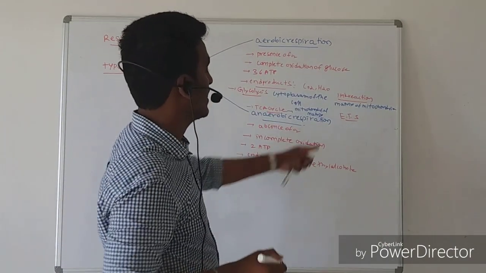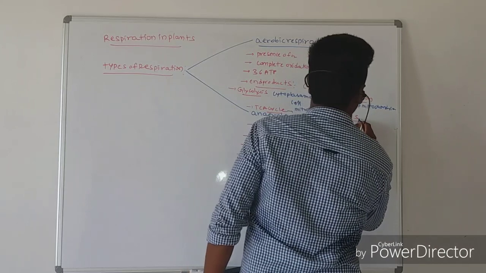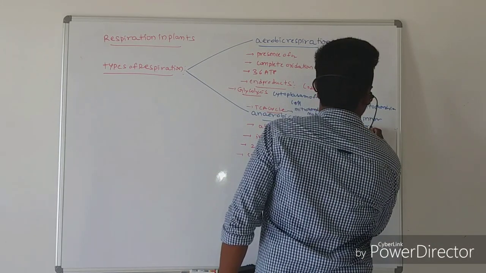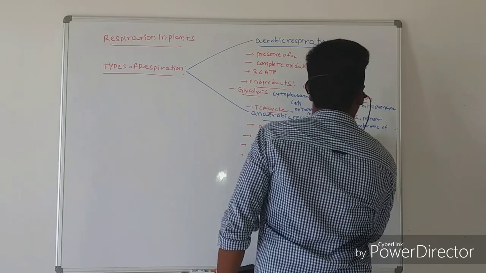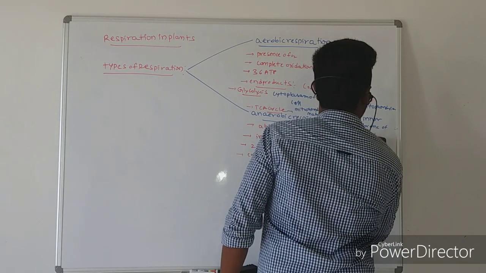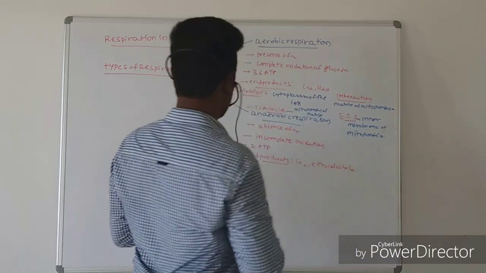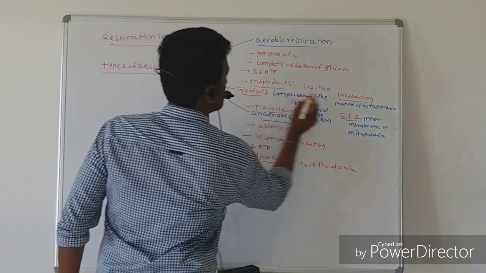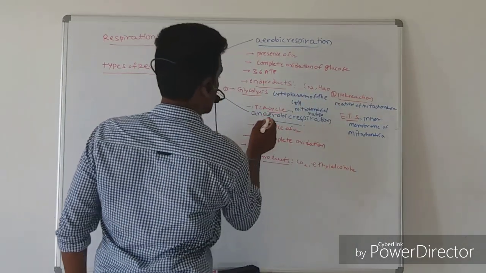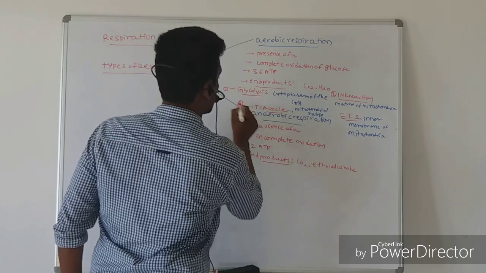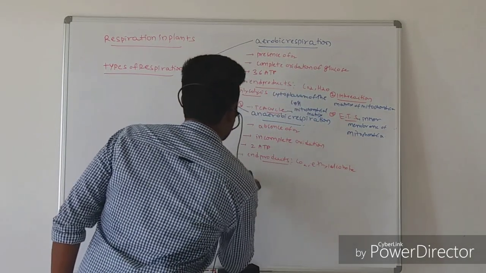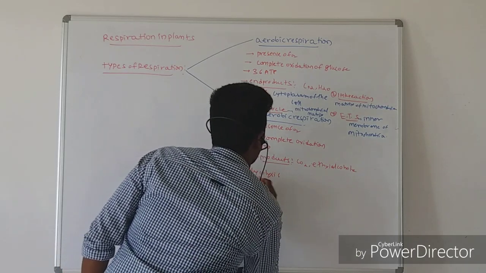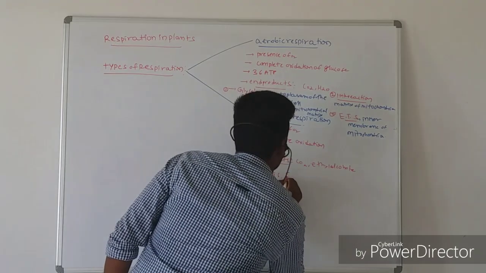What is the location of the electron transport system? It takes place in the inner membrane of mitochondria. What are the steps involved in anaerobic respiration? Aerobic respiration has 4 steps, while anaerobic respiration mainly has 2 steps: glycolysis and fermentation.